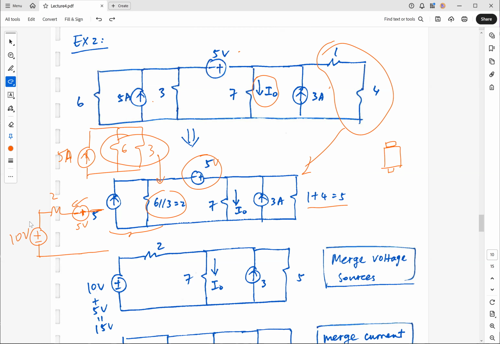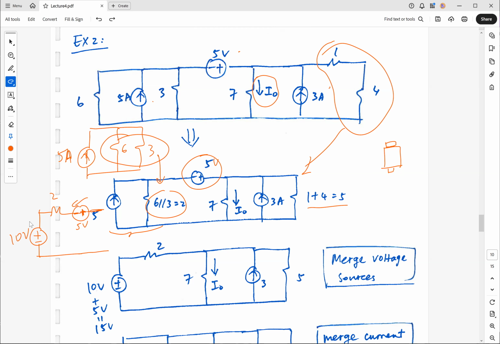So basically I have something like this: 5 volts, 10 volts, all connected in series, plus minus. So equivalently, I have 10 plus 5 or 5 plus 10.